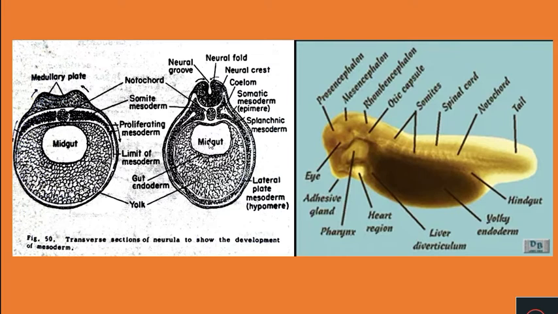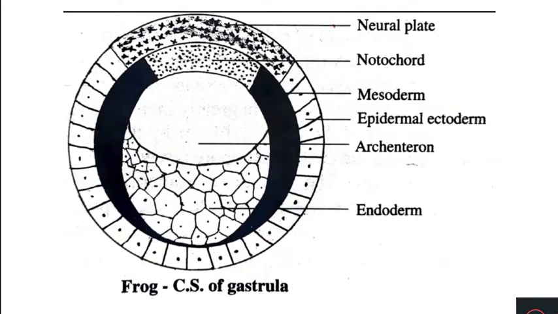So for that we will just go to the previous diagram, that is the late gastrula. In the late gastrula, this is the notochord. Now it is forming the roof of this archenteron. The roof of the archenteron in the late gastrula stage is formed by this notochord. But once this notochordal tissue separates itself, this endoderm will grow over from either side, and it will now form the new roof of the archenteron.